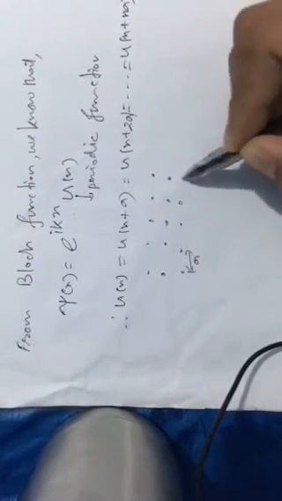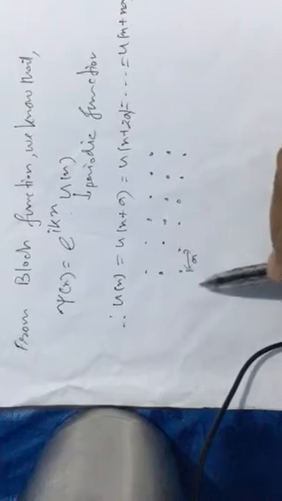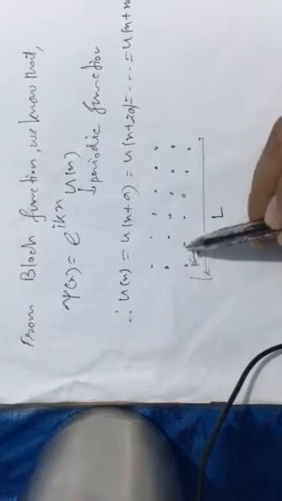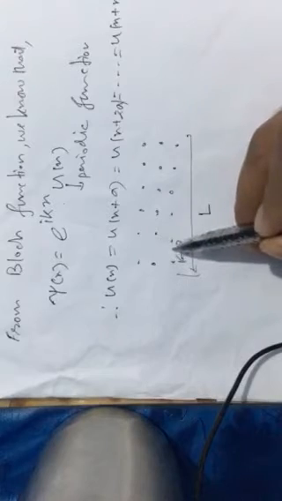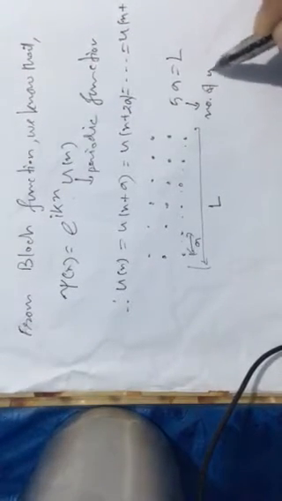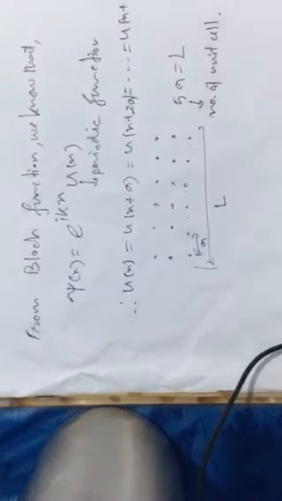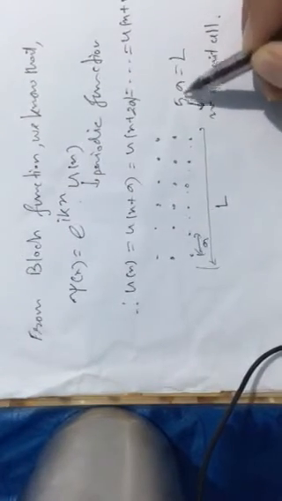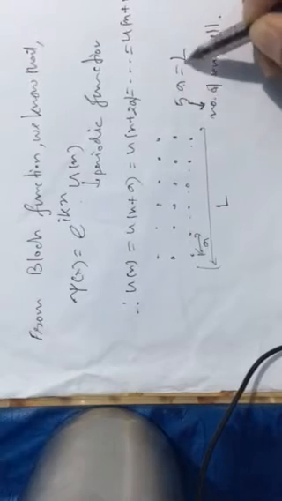Okay. So if this is the whole crystal, and its length is L, so this is a. How many are there? If there are 1, 2, 3, 4, 5, then 5a will be equal to L. That means the 5 will be the number of unit cells, right? The number of unit cells times the distance of one unit cell will be equal to the length of that crystal, right?